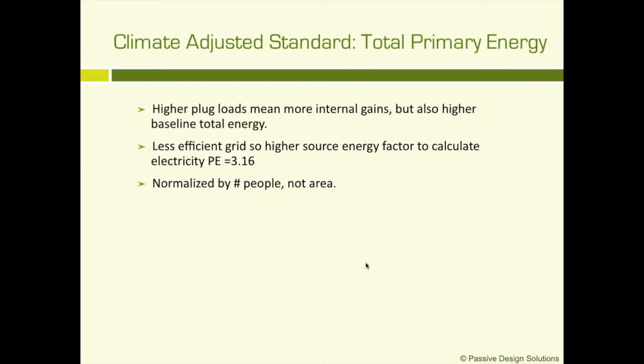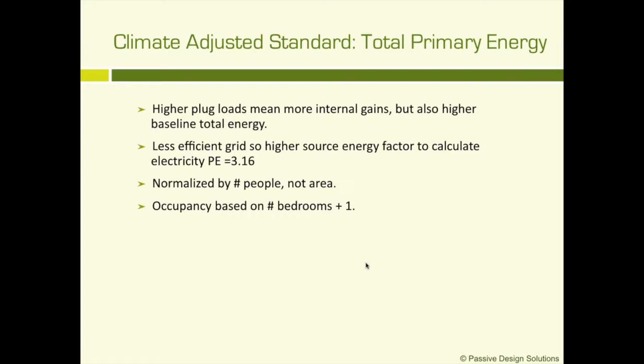The fact that it's normalized by number of people and not area, I think, is a much more equitable way to decide the site energy that's budgeted in a project, and it's based on occupancy, on number of bedrooms plus 1.